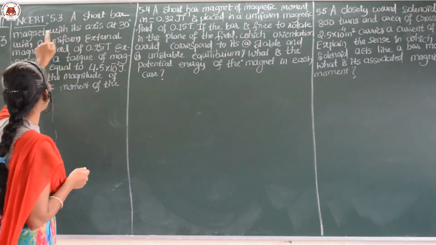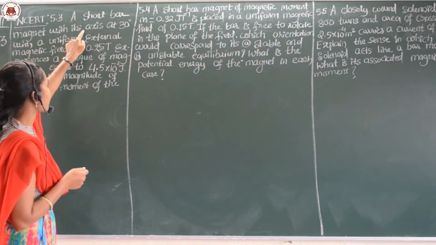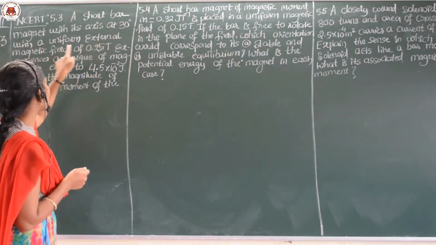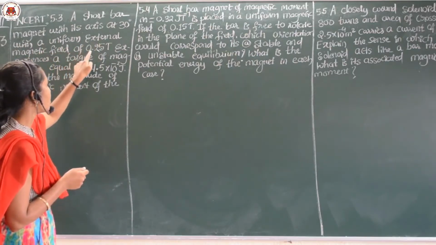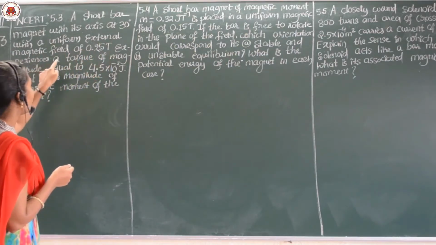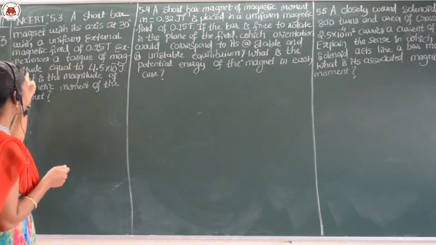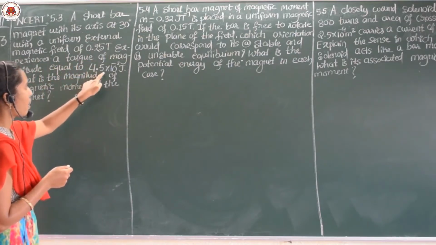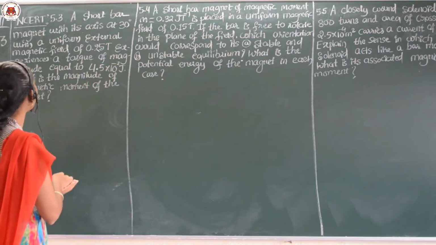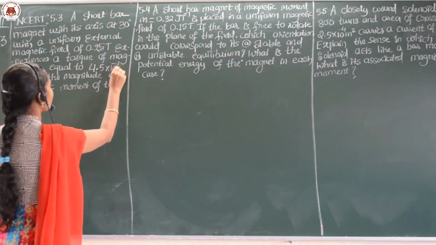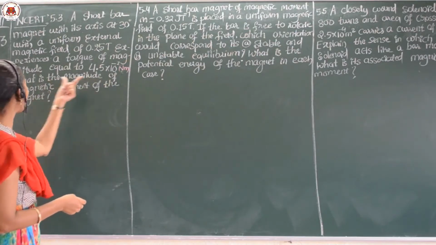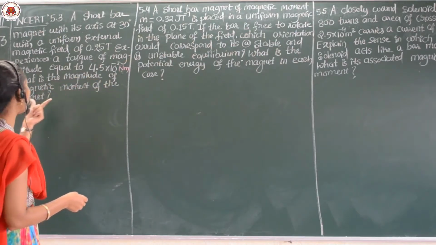A short bar magnet with its axis at 30 degrees with a uniform external magnetic field of 0.25 Tesla experiences a torque of magnitude equal to 4.5 into 10 raised to minus 2 Newton meter. The torque should be in Newton meter. What is the magnitude of the magnetic moment of the magnet?